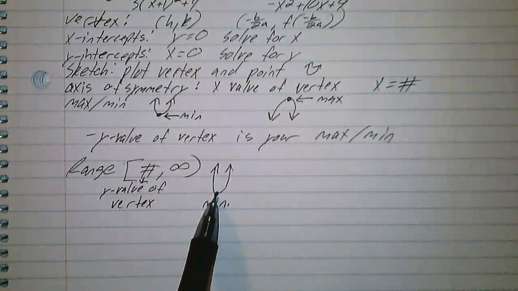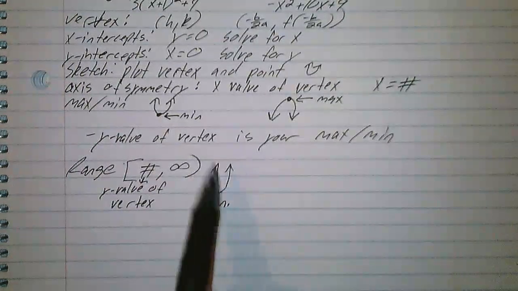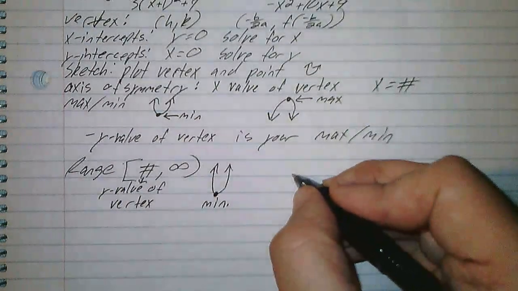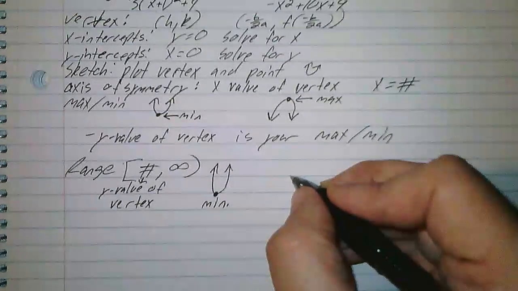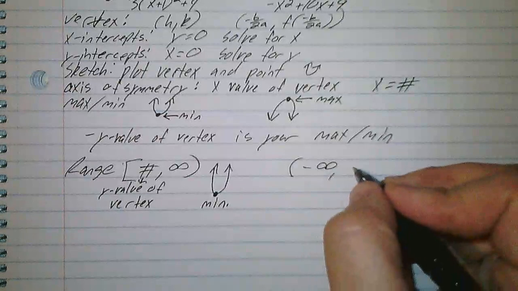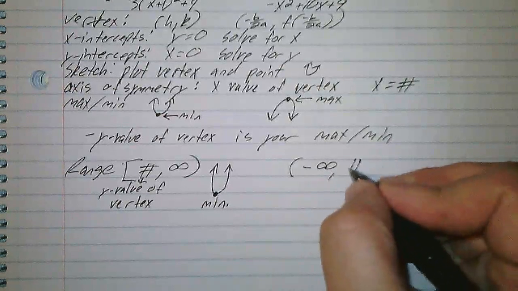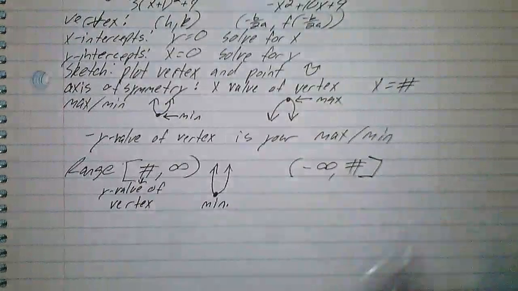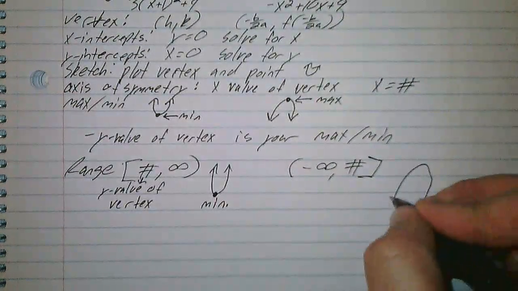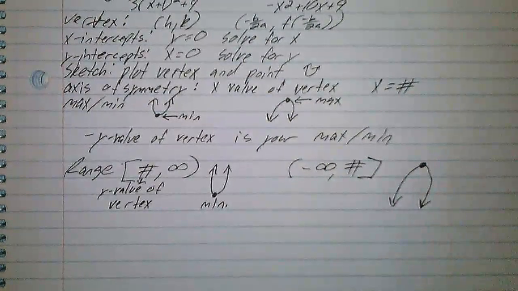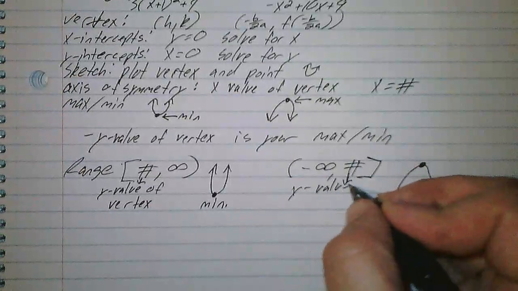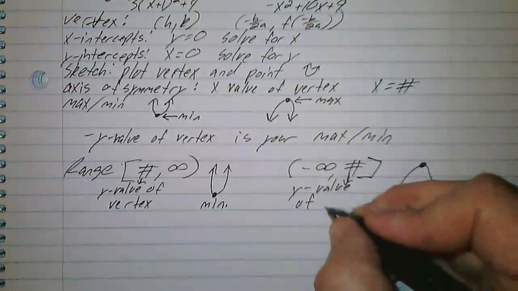Bracket because it's an included value, and then it will go up to infinity. The other range you will see, or that you will be typing, is from negative infinity and stopping at the y value of the maximum. So like this. And again, this right here, that is the y value of the vertex.